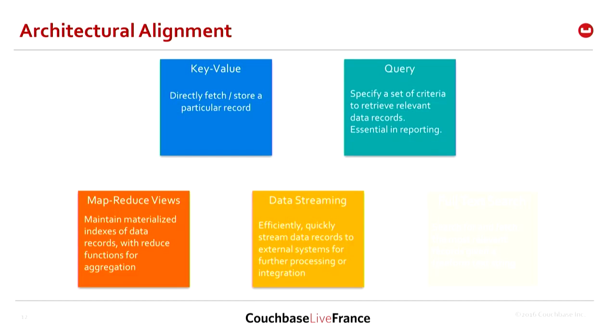features. So firstly, the key value, directly fetch or set a particular record. Quite simple, hash partition data. The query engine. So by query here, I mean N1QL. This lets me specify a set of criteria to retrieve a document. So the first method, I know the key. I know I want to get user profile Simon Leigh.